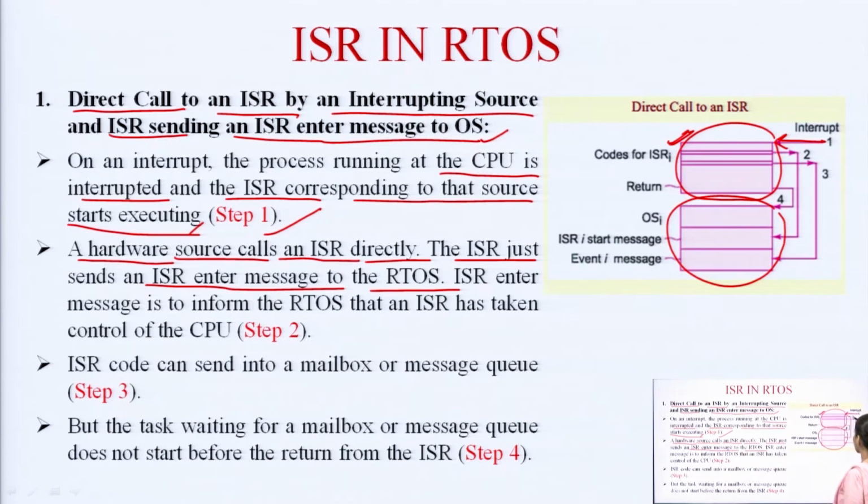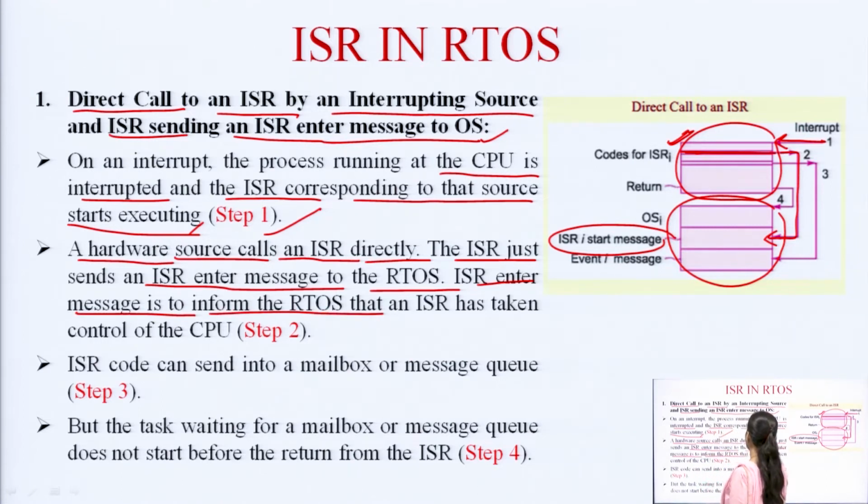So, in the very next step, this is the ISR we can see. This is sending the message to the operating system, that is the ISR start message. The ISR enter message is to inform the RTOS that an ISR has taken control of the CPU. So, this is the second step.